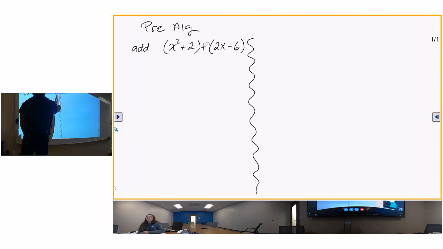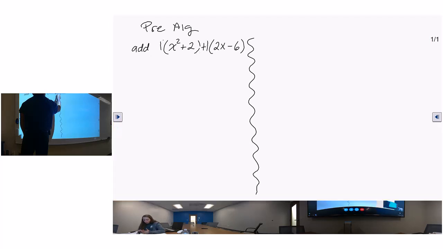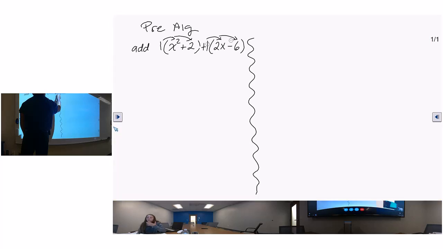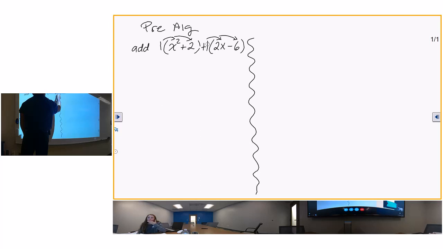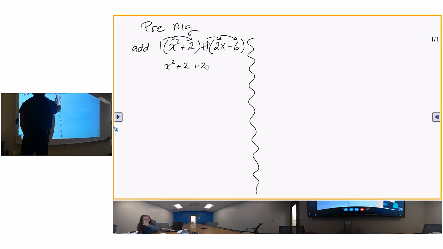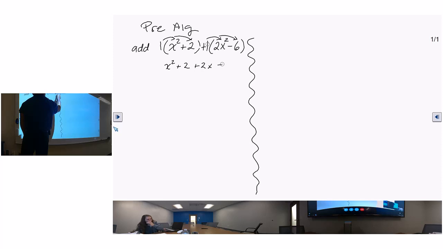And you were told that, well, to add those two, you got a 1 right here, you got a 1 right here, you distribute whatever's in front, get rid of the parentheses. And the reason I do the ones is because when there's a number there, you'll be used to distributing the number. So that'll be x squared plus 2 plus 2x squared minus 6.